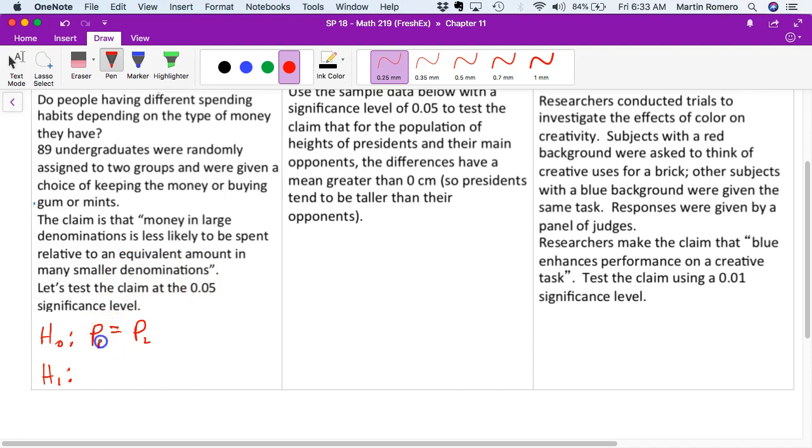I'm going to use letters here. The null is that the proportion for the larger is equal to the smaller. The alternative is that the proportion of the larger group is smaller than the proportion of the smaller group. Once you set that up, we would take care of that in StatCrunch, set it up, and you could run the test. We're comparing two proportions here, two groups, two samples.